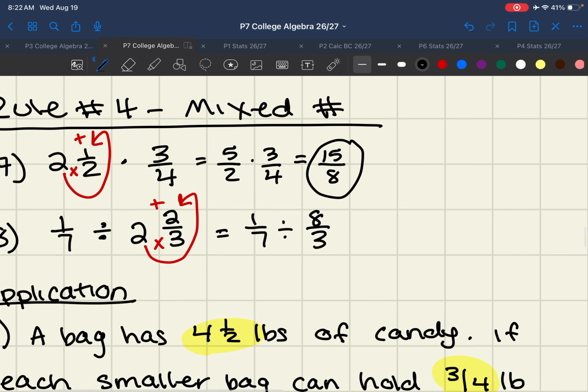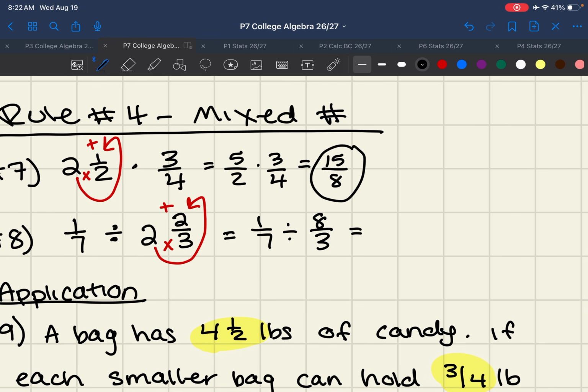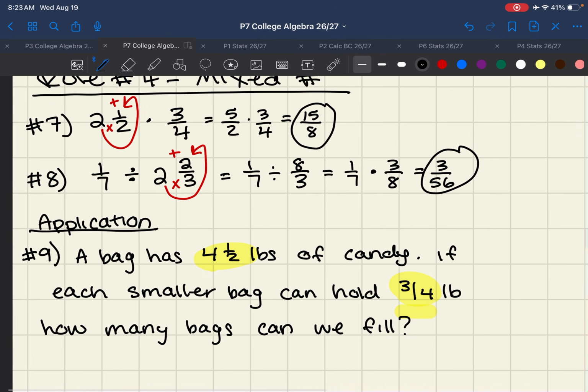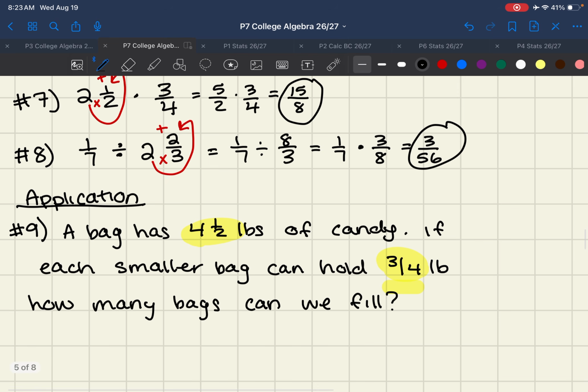Okay, now I go about the same process for dividing fractions, and I keep the first fraction, change to multiplication, and then take the reciprocal of 8/3, which is 3/8, and then I multiply across, and I get 3/56.